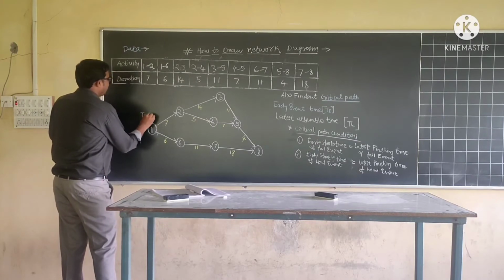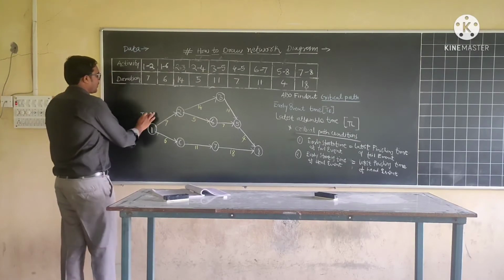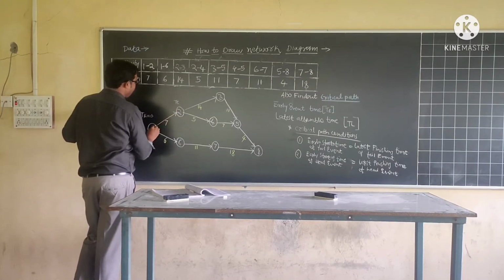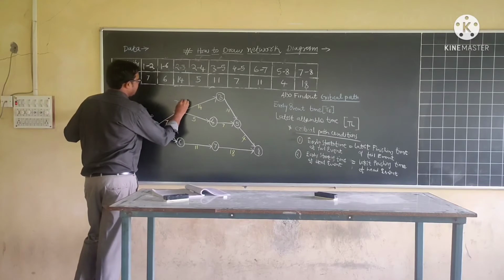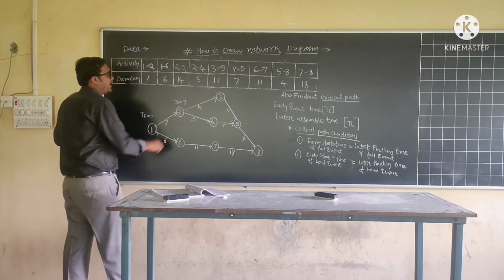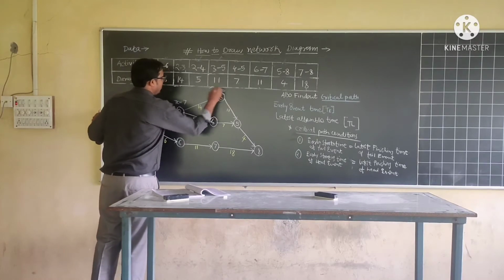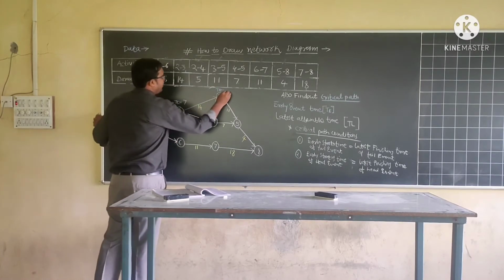Let us start by calculating the early event time TE using the forward pass method. At the initial stage, TE will be 0. At event number 2, TE will be equal to 0 plus 7, 7. At event number 3, TE will be equal to 7 plus 14, 21.